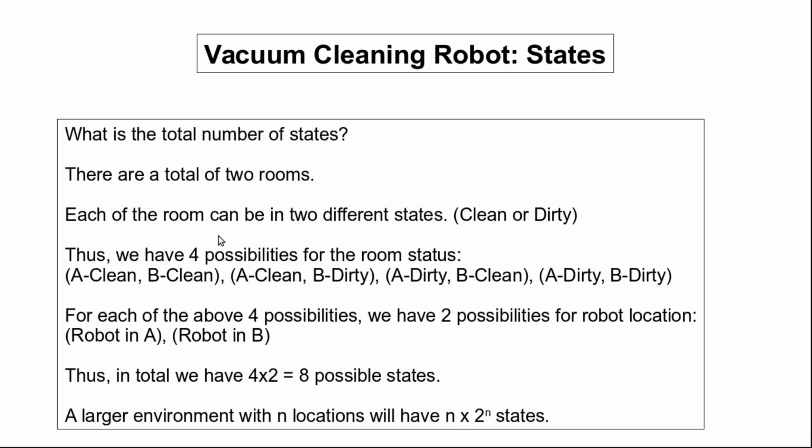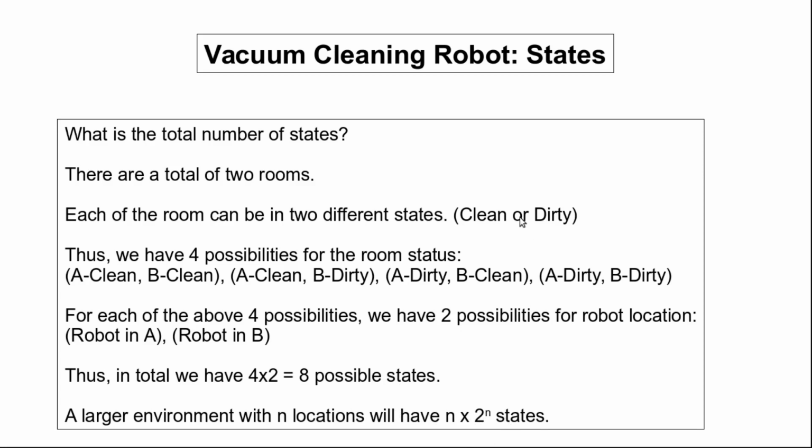What if each room can be in 3 different states? Let's say clean, dirty, and semi-dirty. So 3 possible states for each room. Then what will be the total number of states?